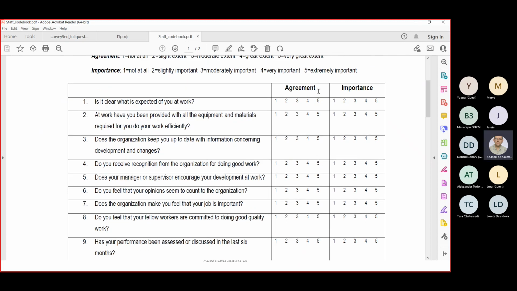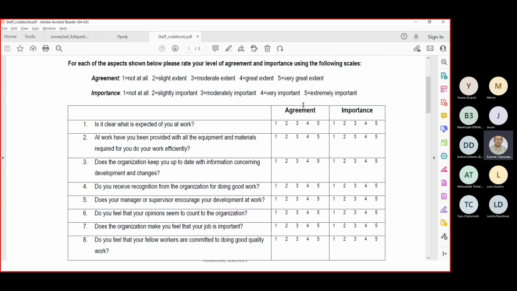And first, we ask individuals to say how much they agree with these statements, from 1, not at all agree, to 5, agree to a very great extent. And after that, for the same statements, persons must estimate importance. Again, from 1, not at all important, to 5, extremely important.